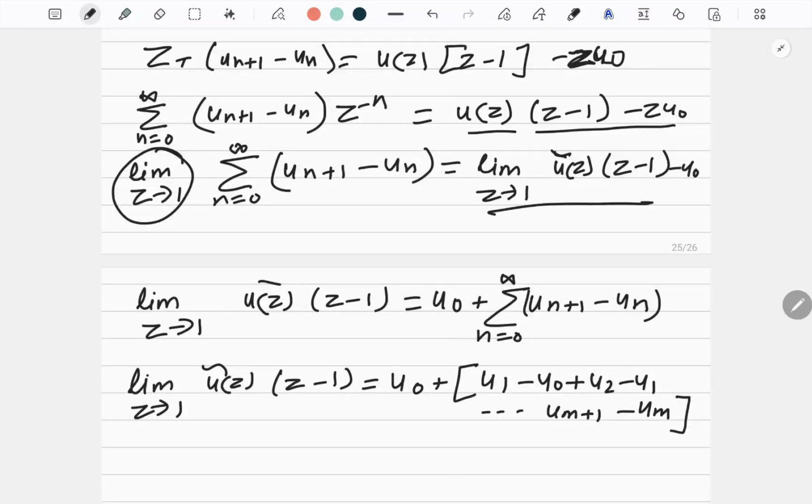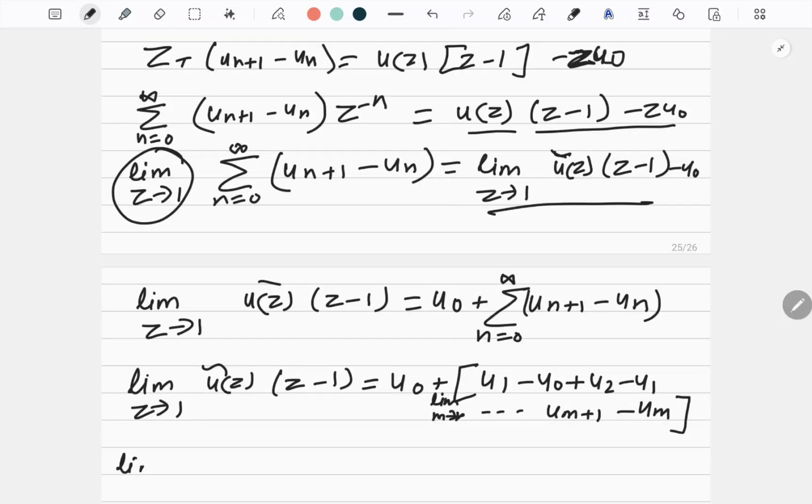Like this I have to open the bracket. It is still infinity, so I restricted it to um, but when I restrict it I should put limit m tends to infinity, because in actual it is going till infinity.